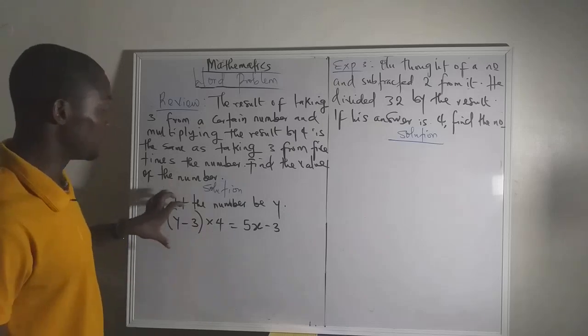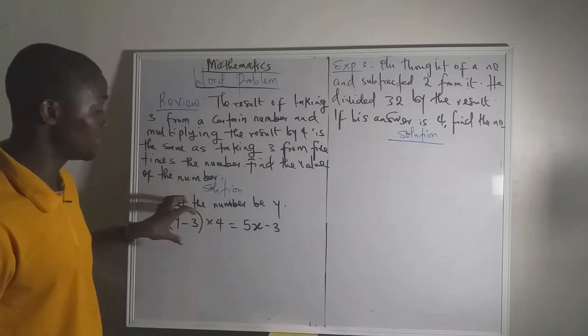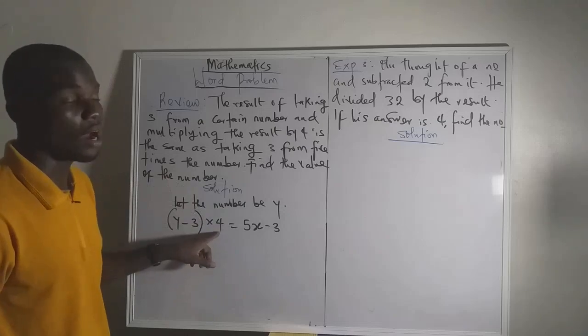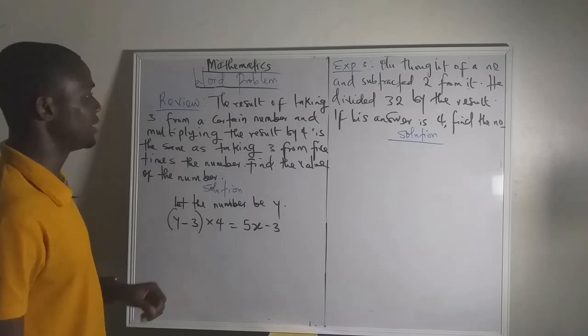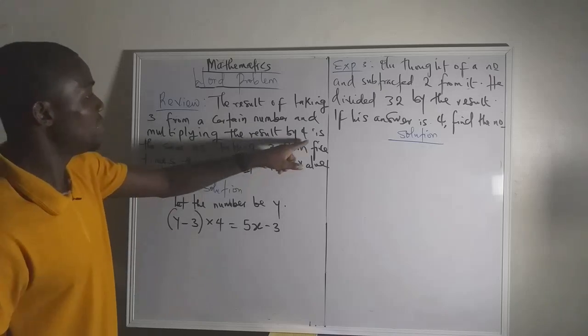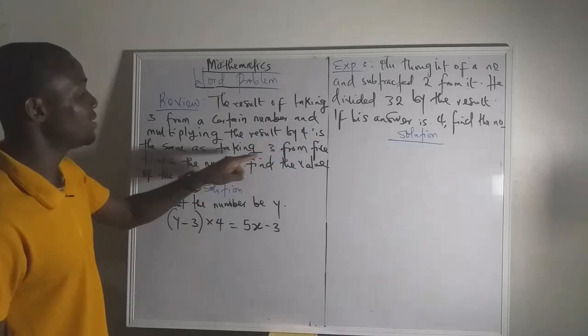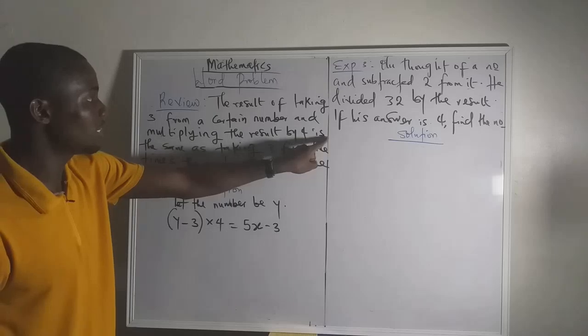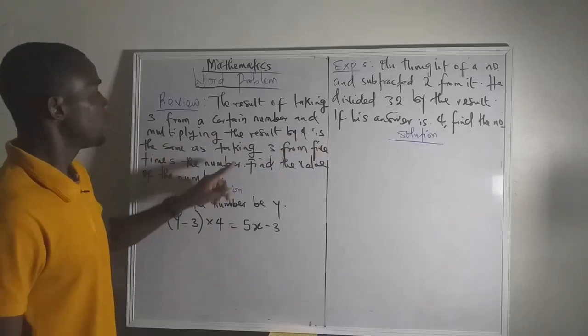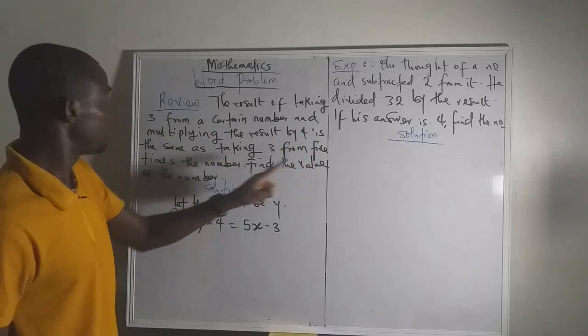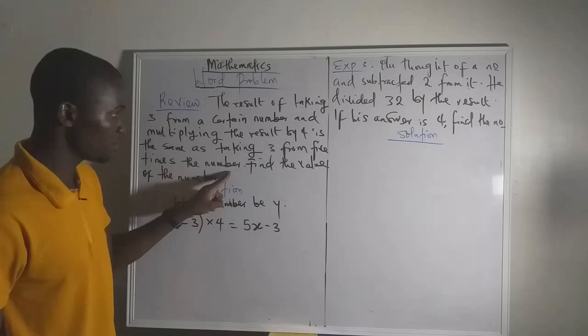It is okay to put it in parentheses so as not to make mistakes when multiplying. Now, when we do that, the statement is the same, which implies equals to, as taking 3 from 5 times the number.